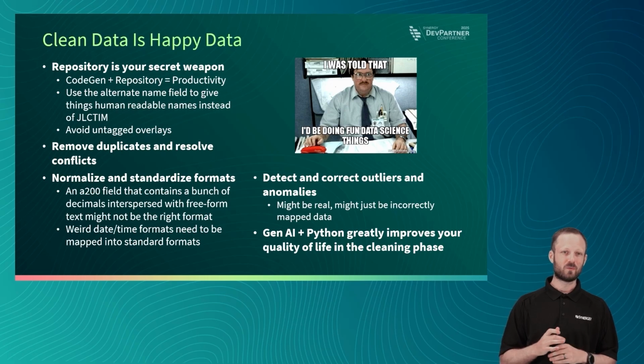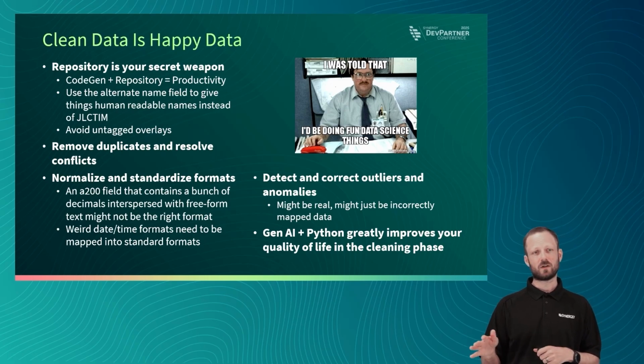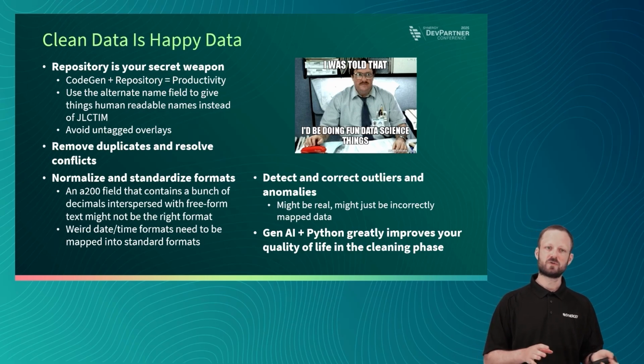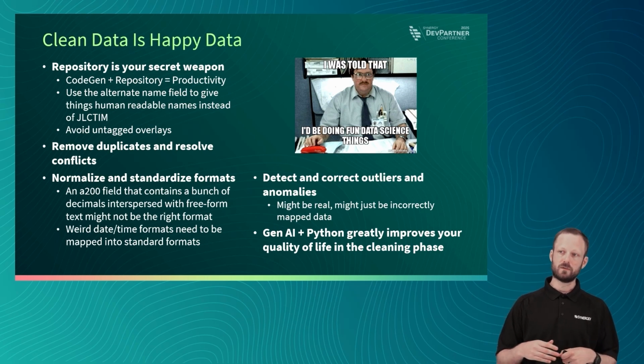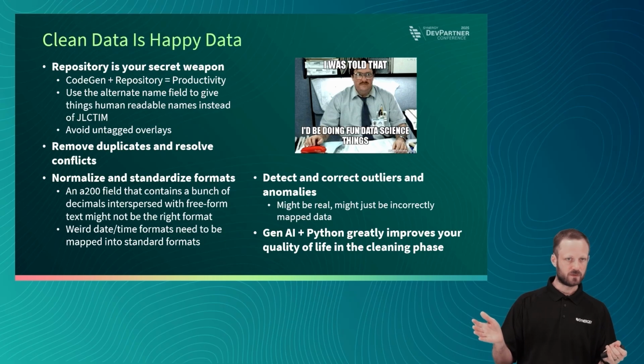So what repository lets you do is you can specify alternate field names, and those will be used by CodeGen. So they won't impact how your code is written. They don't change anything to the compiler, but they do make it so that CodeGen knows that this field is actually the count of available rooms or the total inventory available or whatever that field is.